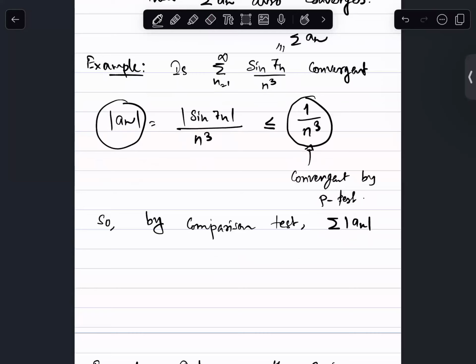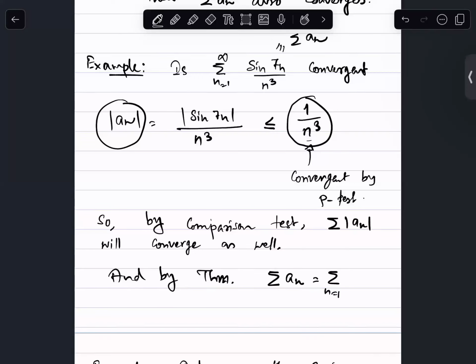By comparison test, the series on the right-hand side is converging. So therefore, that modulus of an series will converge as well. And by the theorem, summation over an, which is summation n equal to 1 to infinity sine 7n over n to the third, will also converge. Okay.